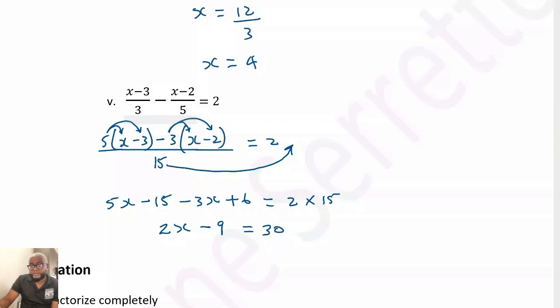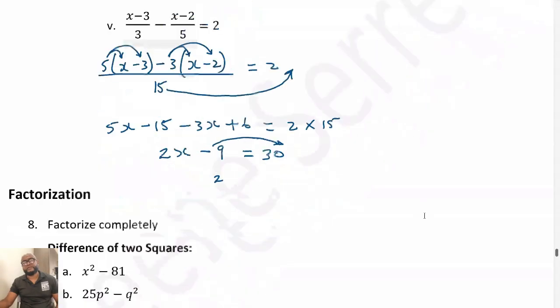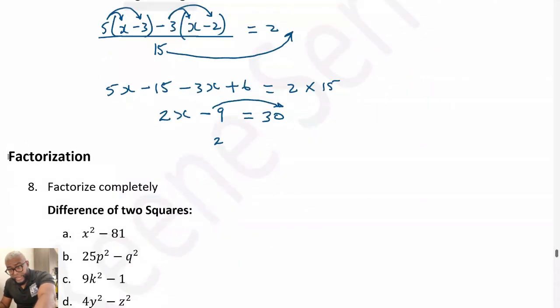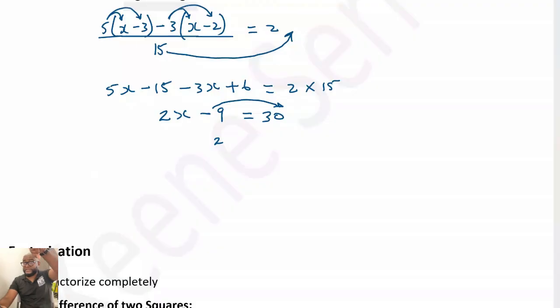So 2x, yeah, this will be equal to 30, right? So you carry the -9 here. What do you do with the -9 when I carry it there? Right, excellent. We're going to add. So you didn't make that mistake this time, right? So 2x will be equal to 30 plus 9. All of my working here correct? 5, negative 15, 9.